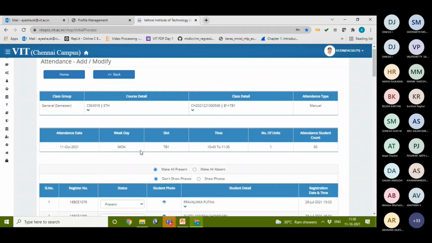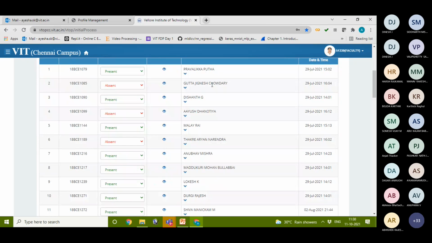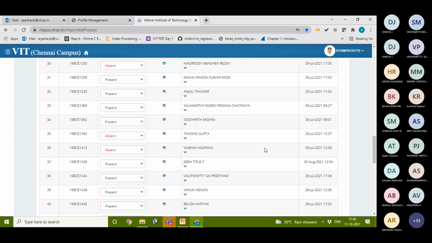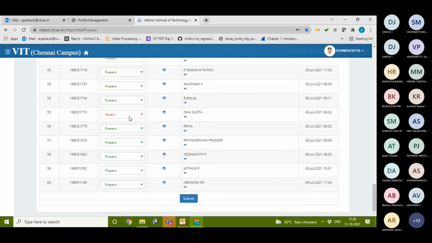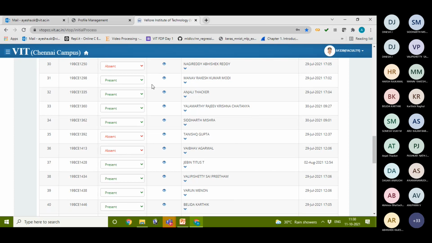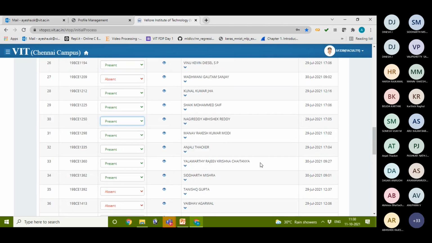Okay, we'll see the absentees once. Jignesh present, Vansi present, Isha present, Abhishek Reddy present, ma'am.